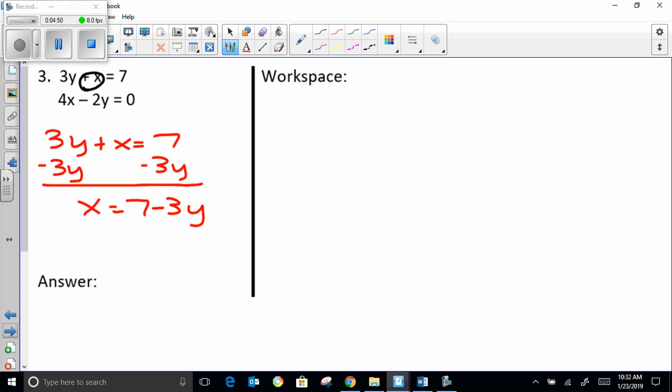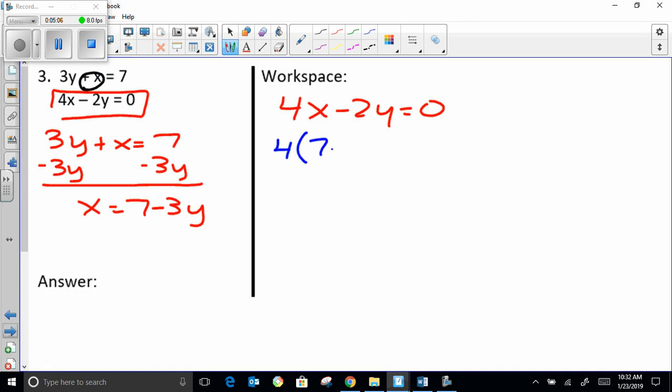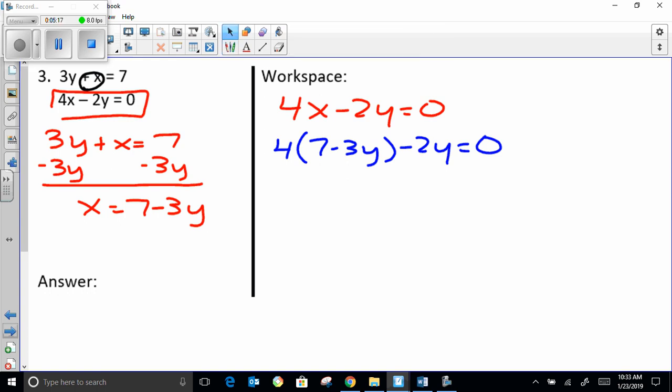Now that I know what x is equal to, I'm going to substitute it into the second equation. So 4x minus 2y is equal to 0. I'm going to substitute what x is equal to: 4 times (7 minus 3y) minus 2y is equal to 0. Now to simplify that, we are going to solve it like a multi-step equation.